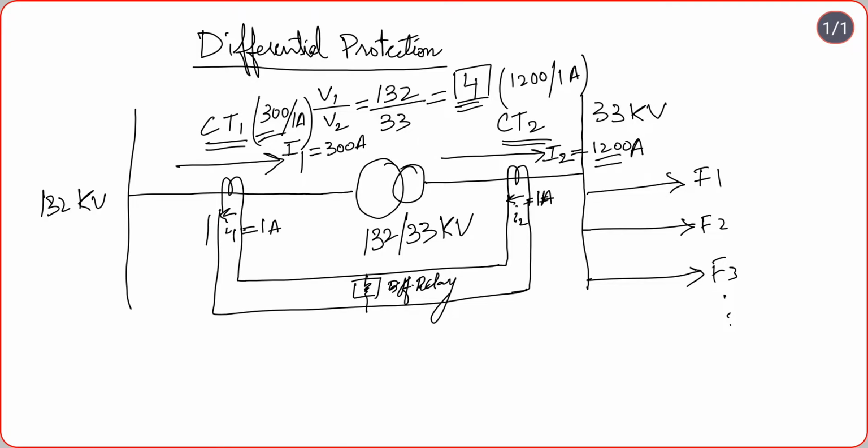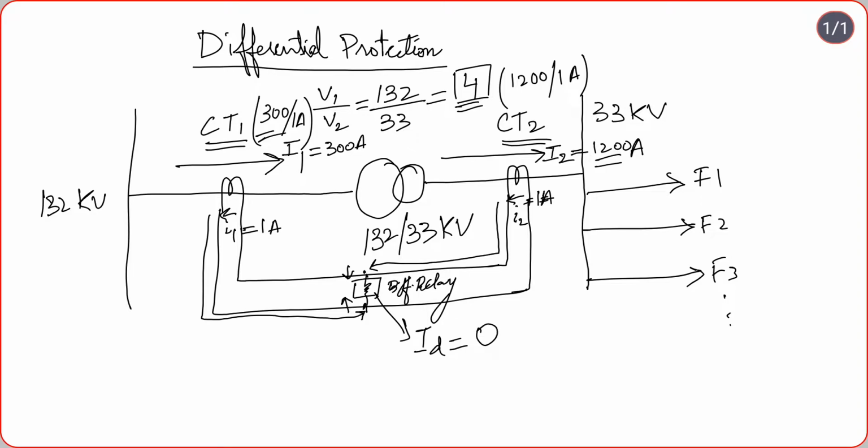The currents reach the relay, one flows downwards and the other flows upwards, and since both currents are of the same magnitude, they cancel out, and the net current, let us denote it by ID, the differential current, will be 0.